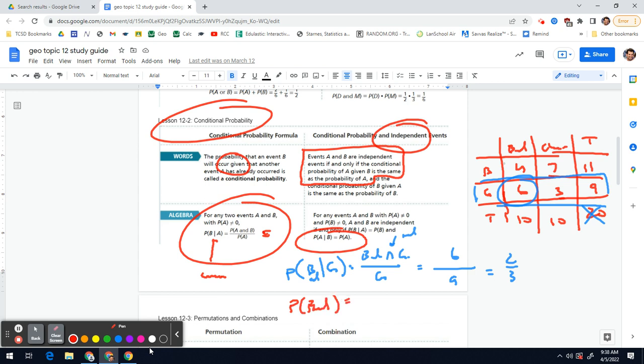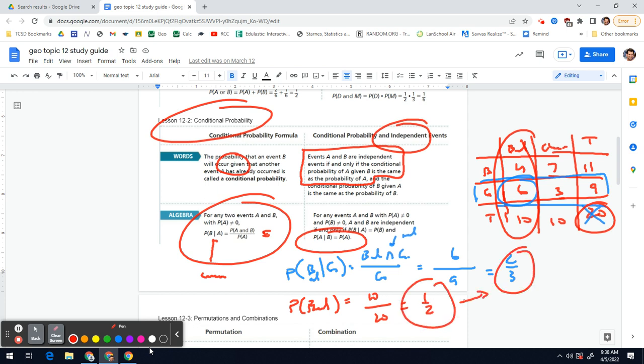Well, now I look at all the band members, that'd be 10, out of the total, and the grand total is 20. So 10 out of 20 is 1/2. Obviously, right, these two numbers are not the same. They're not equal. So because these two numbers are not equal, that means that these two events are not independent.